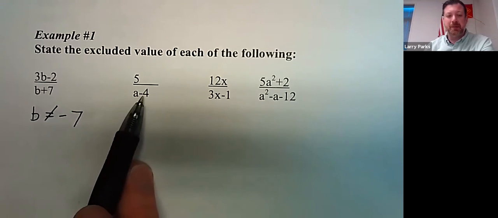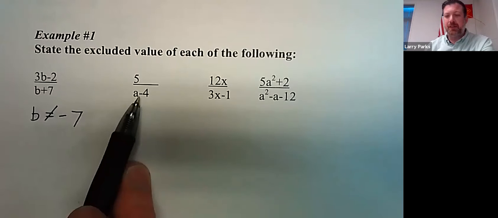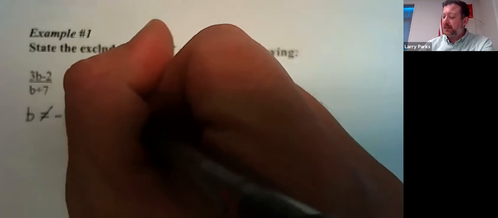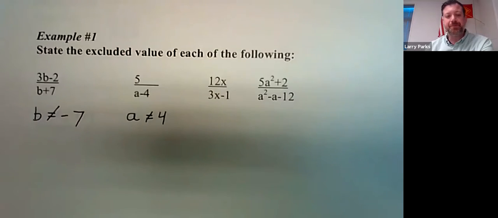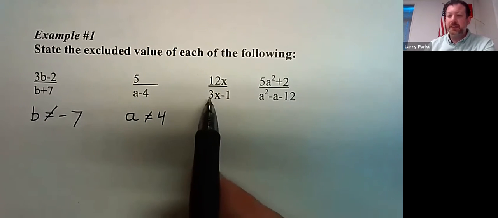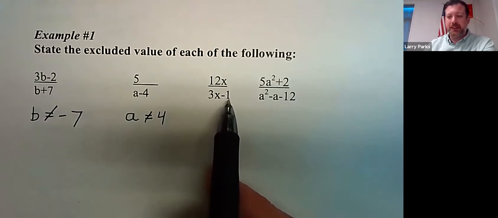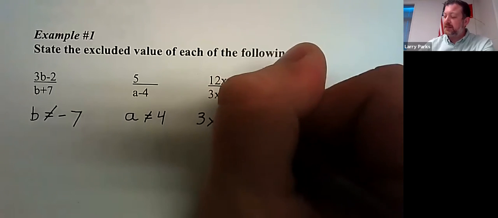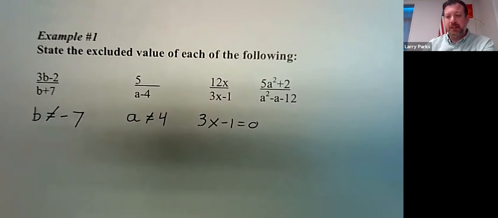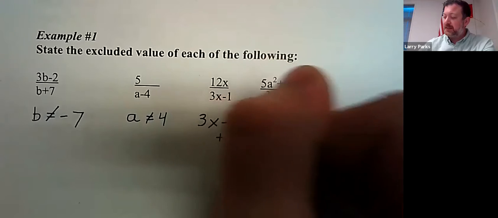Here, what number minus 4 is 0? That'd be 4. So I'd say a cannot equal 4. Here, 3 times what minus 1 is 0? This may be harder to think of. So I might say, okay, when is this 0? Well, I'd add 1 to both sides.